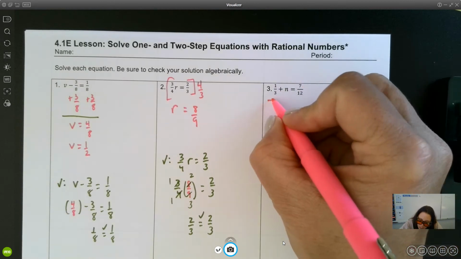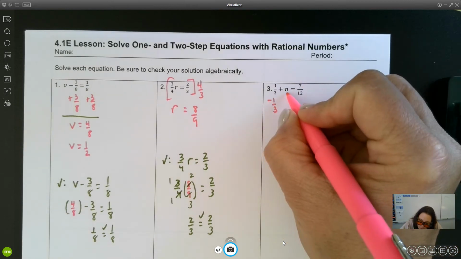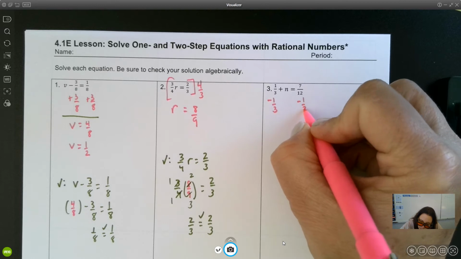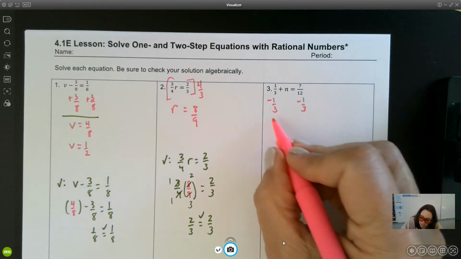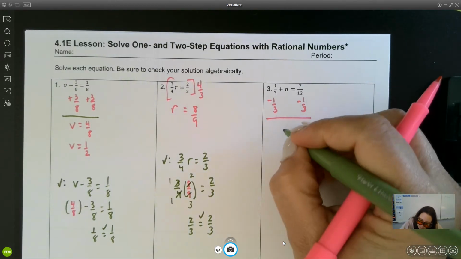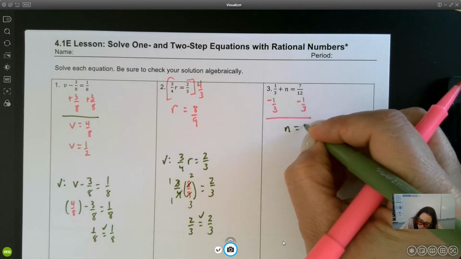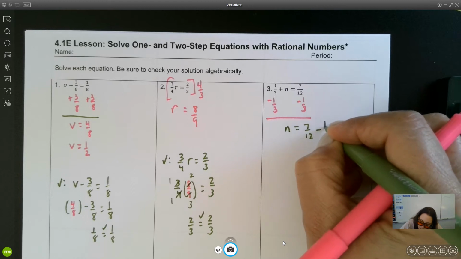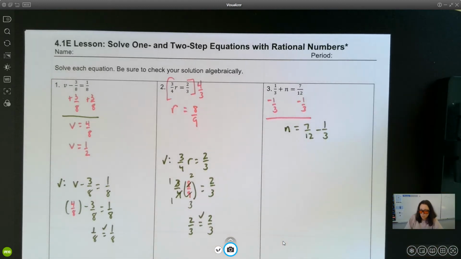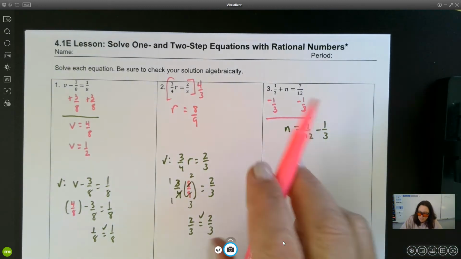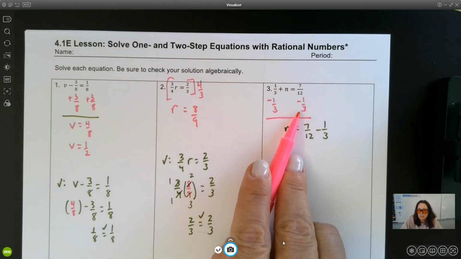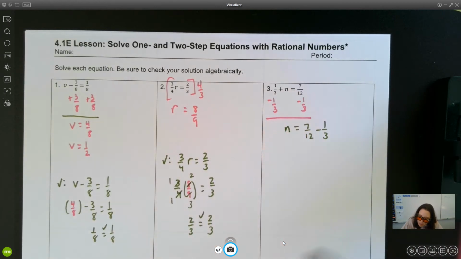We're going to go ahead and minus the 1/3 to get this n all by itself. Well, when we minus a 1/3, we'll have n equals 7/12 minus 1/3. That's what our problem is now. 7/12 minus 1/3. We need common denominators.